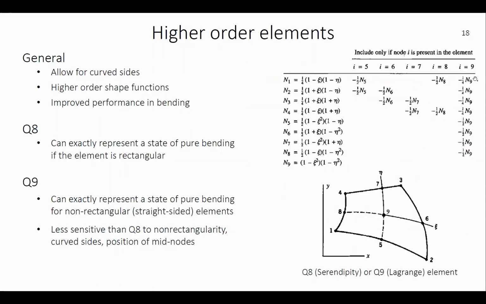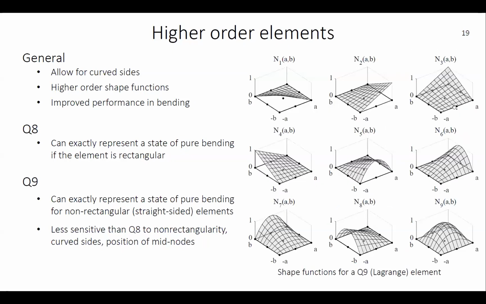Sorry, it's only number 9 here if I equals 9. We have the outer set N5 to N8 being, as I said, the second order polynomial in one direction and linear in the other direction for each of the four sides. And then we have finally this bubble function. So that's the illustration of the shape functions for Q9 elements.